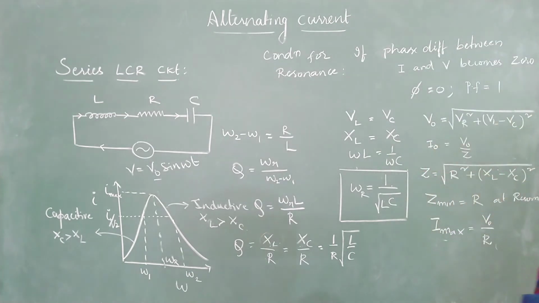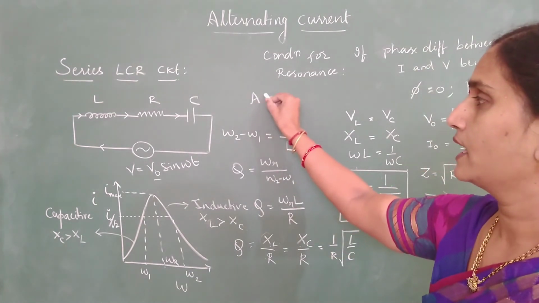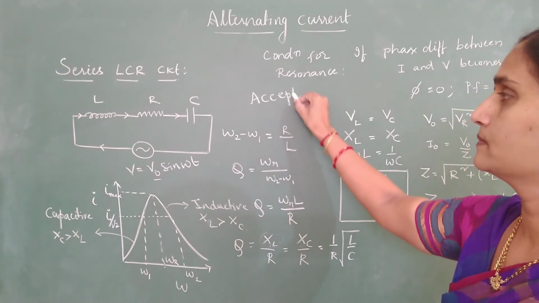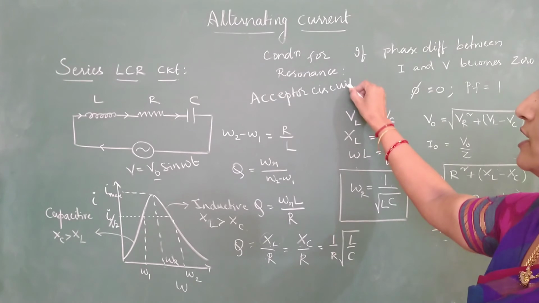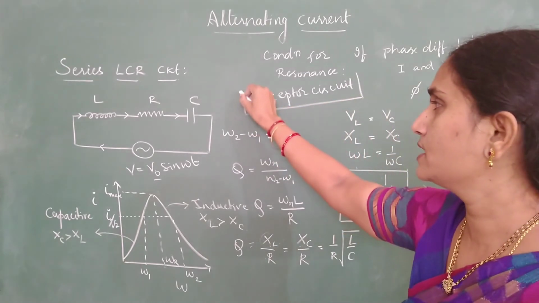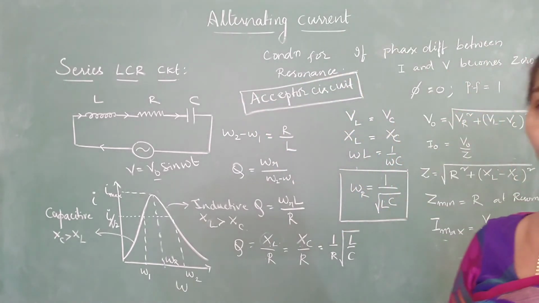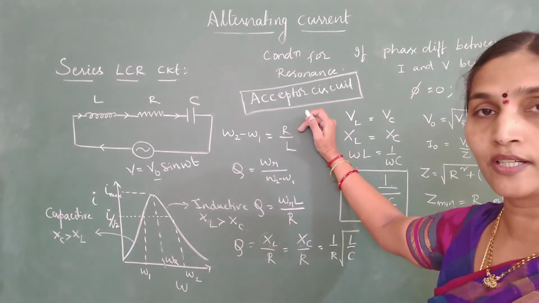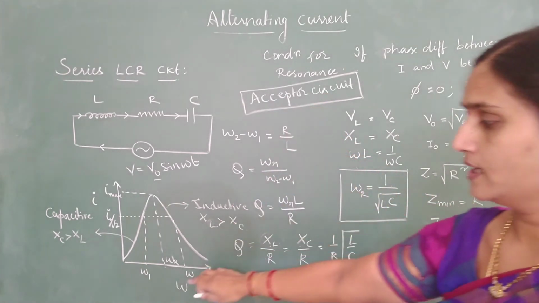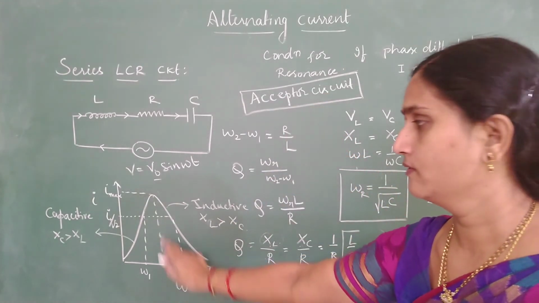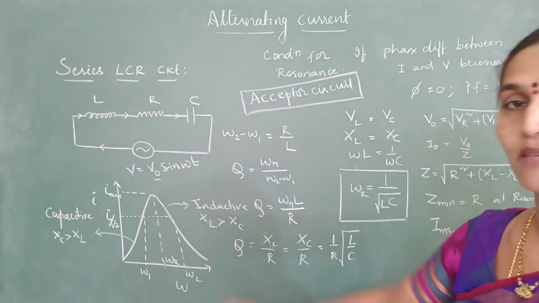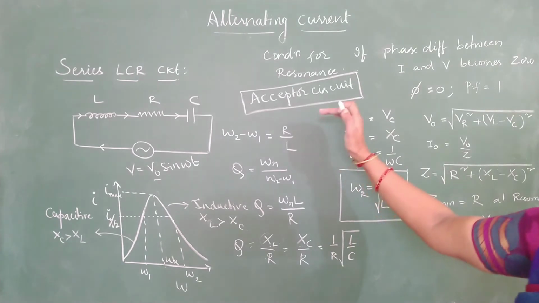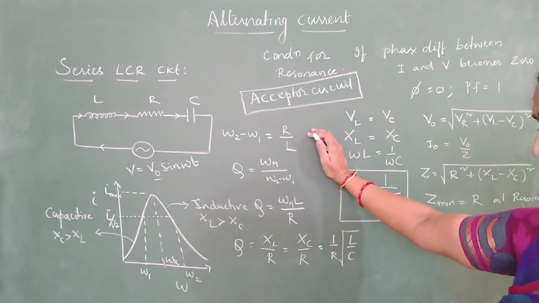So that is the reason why this circuit is also called an acceptor circuit. Okay, what is the other name for a series resonating LCR circuit? It is called an acceptor circuit because it accepts the frequency which is matching with the resonating frequency and gives you a maximum output. There is one more name for a series LCR circuit.